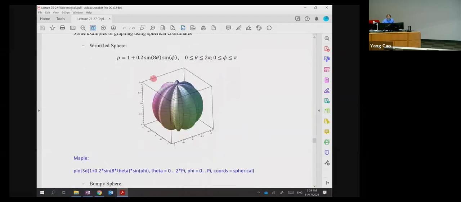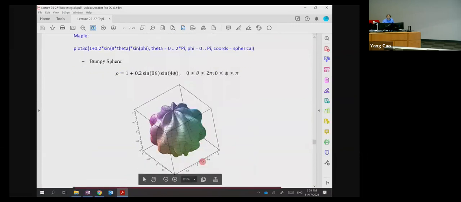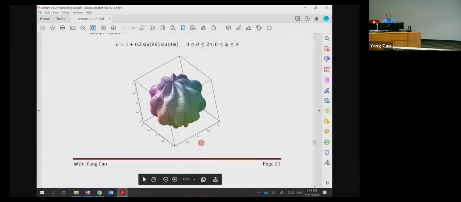If you vary the numbers here, you actually get a very wrinkled sphere. So that's how sometimes surfaces are better expressed not using Cartesian coordinates, but using other coordinates. It's the same thing in the planar case, using polar instead of Cartesian.